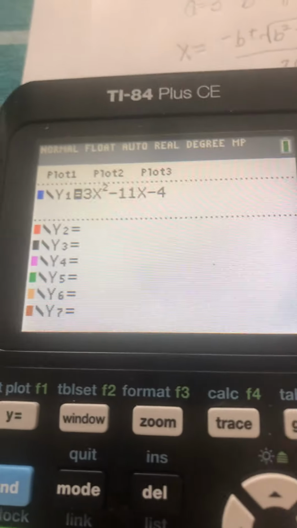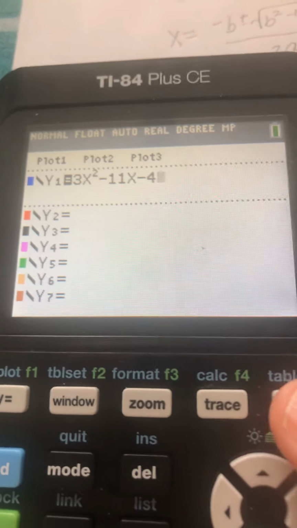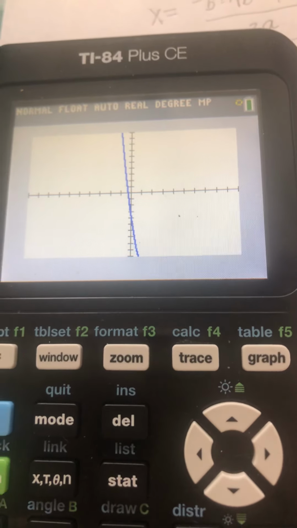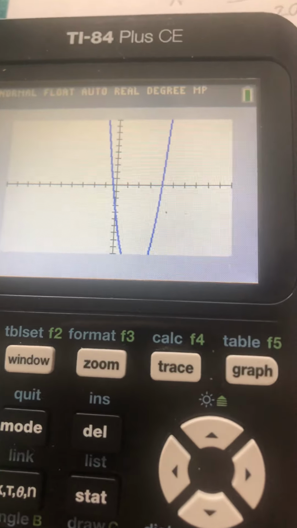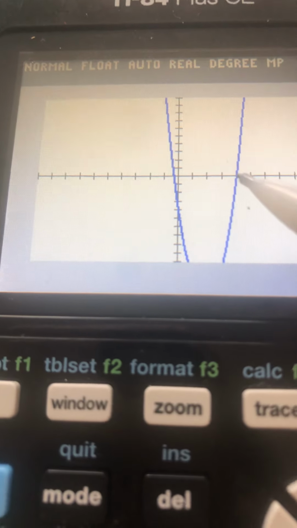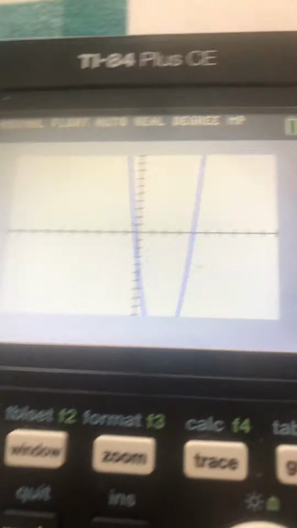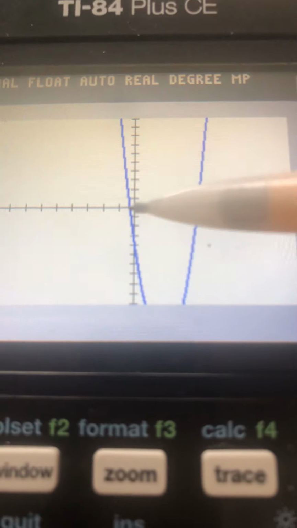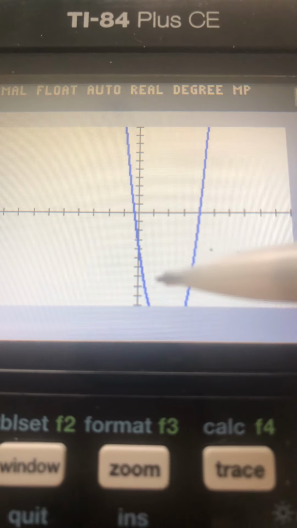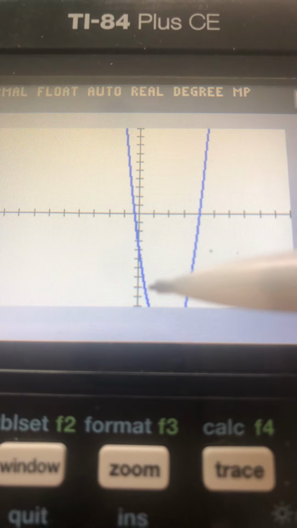So there it is in the y equals screen. Graph it. So remember, the solutions are where it crosses the x-axis. So just look. Here we go. It crosses there. That was 4. That was one of our solutions. And negative 1/3 is here just slightly to the left of 0, between 0 and negative 1. Okay, so let's move on.